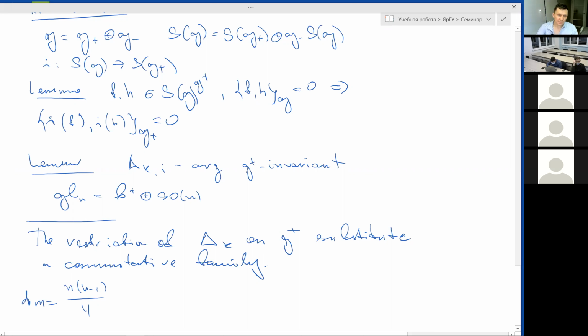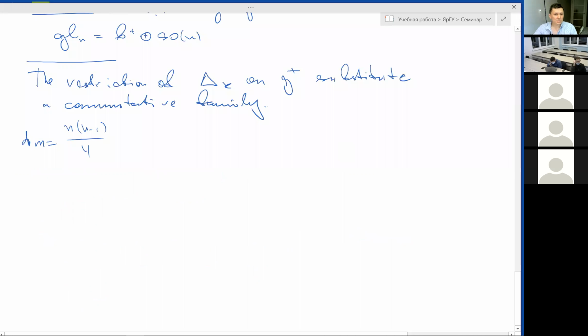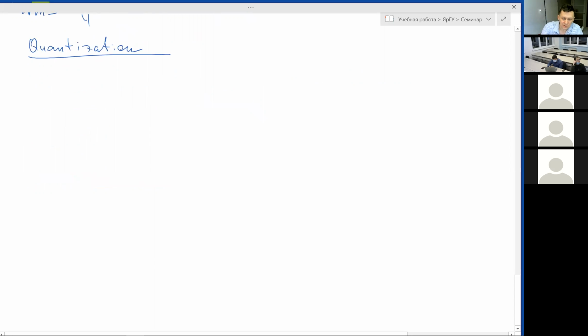The next step is the way to quantize this system. There is a simple way using the quantization of the Gaudin system. The standard method in this case is the following.